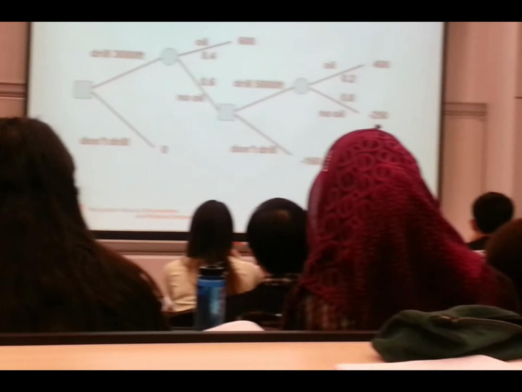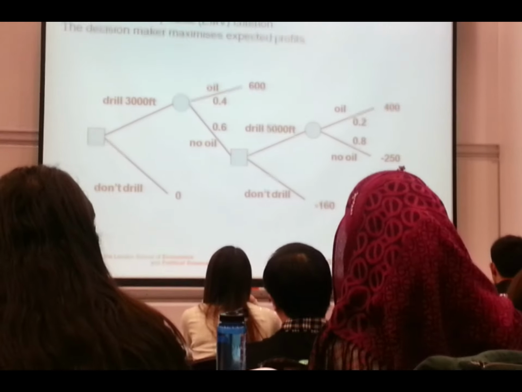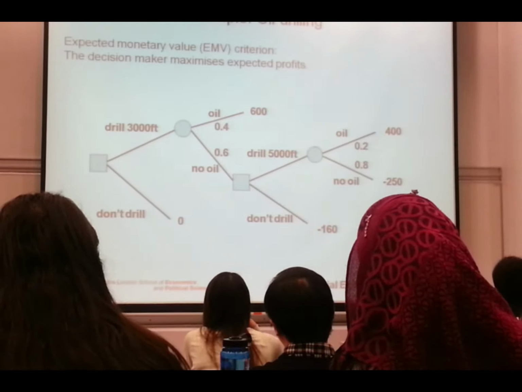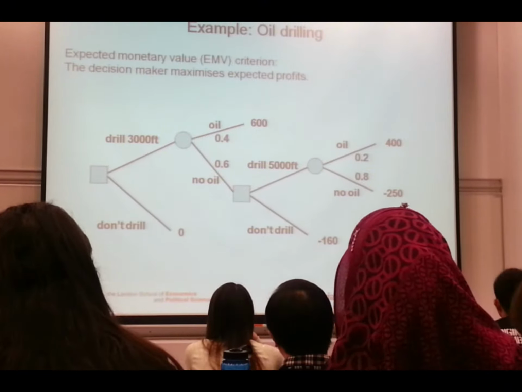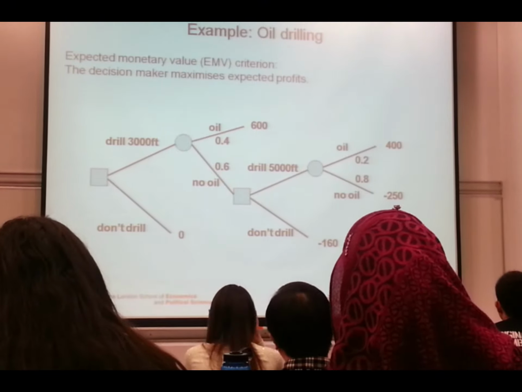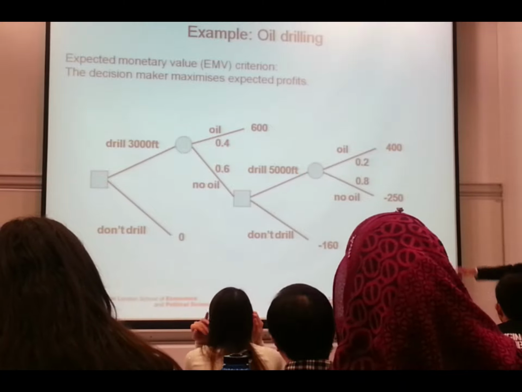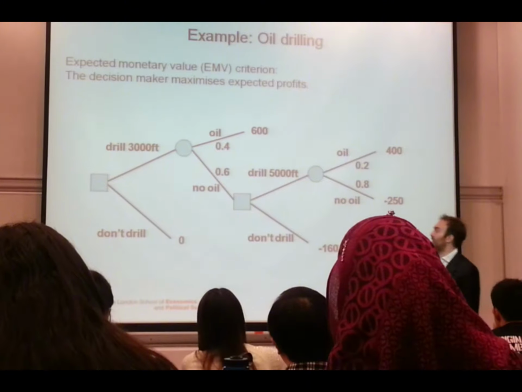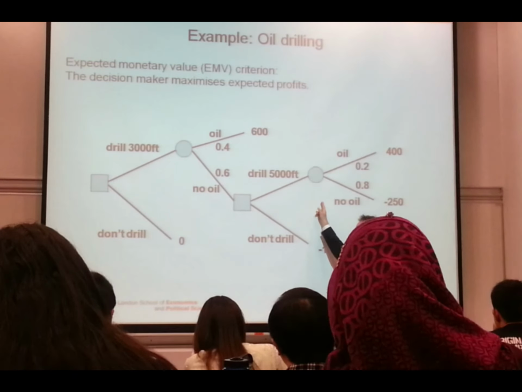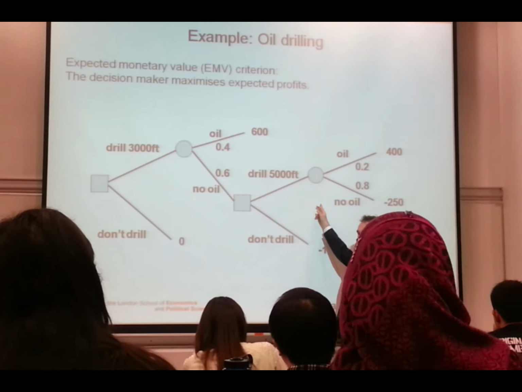So that's minus 200. Plus 20%, I'm going to strike oil and get 400, which means 0.2 times 400, so it's minus 200 plus 80. So my expected losses from continuing to drill are 120.